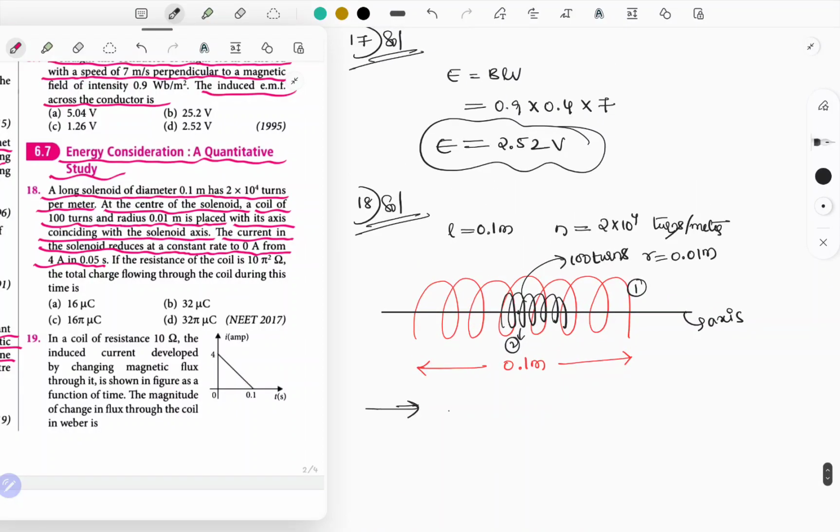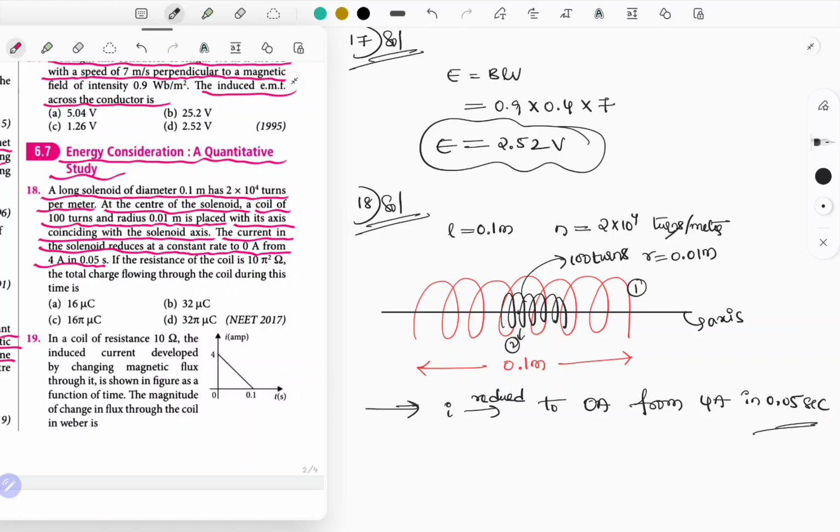So current is reduced to 0 ampere from 4 ampere in 0.05 seconds.